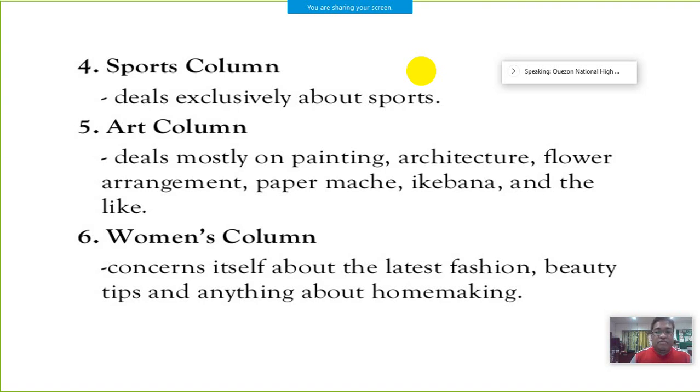Art column, it deals mostly with painting, architecture, flower arrangement, paper mache, ikebana, and the like. If your topic is, for example, why Mona Lisa's smile is like that, you can investigate why Mona Lisa has that kind of smile.